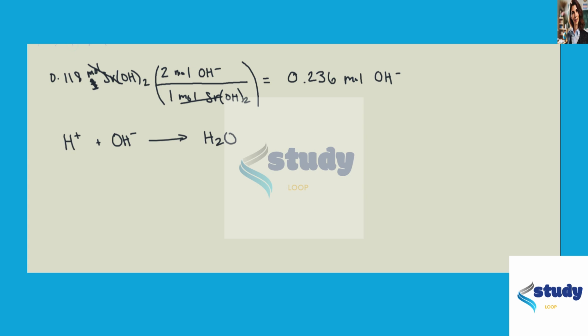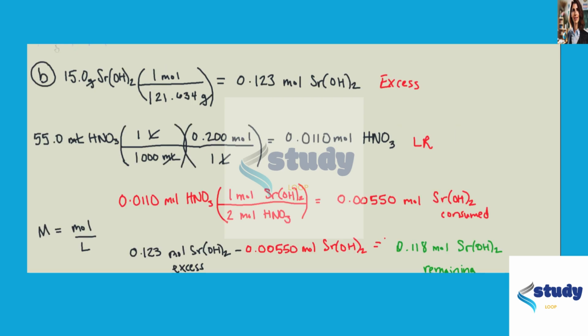What's not reacting, what are called my spectators, are strontium and nitrate. They're not participating in the reaction so much as they're spectating the reaction between hydrogen and hydroxide. So the original amount that I had of both of those ions is how much I'm going to have remaining because they didn't do anything.